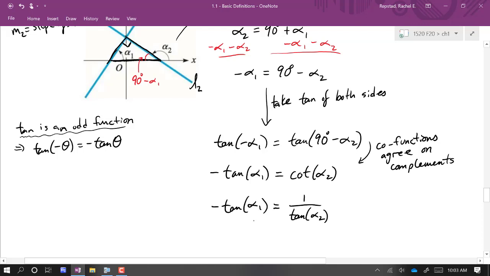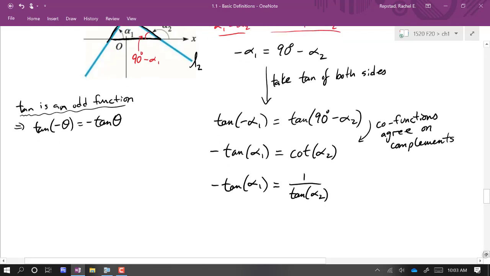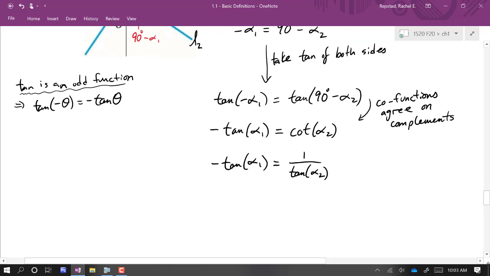So now I have negative tan of alpha 1 is 1 over tan of alpha 2, and now I'm going to apply what I know about slopes and their relation to inclination. Negative tan of alpha 1 is negative m1, right? Tan of alpha 1 is the slope of L1. And tan of alpha 2 is the slope of line 2. So this is 1 over m2 on the other side.